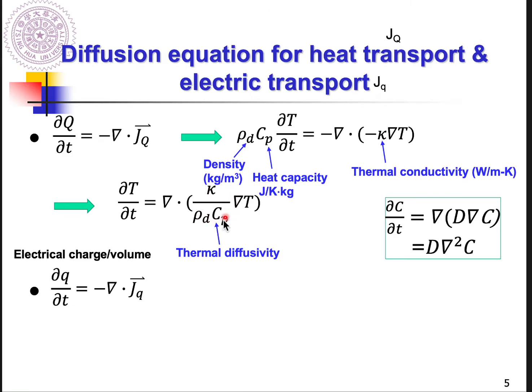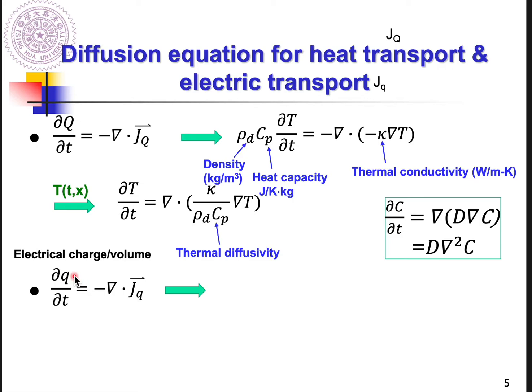So some people call it thermal diffusivity. As long as you solve this diffusion equation for heat transport, you can get how the temperature changes with location and time. So temperature is a measurable parameter in your material systems. And if you use the same concept to check the electrical transport part, yes.